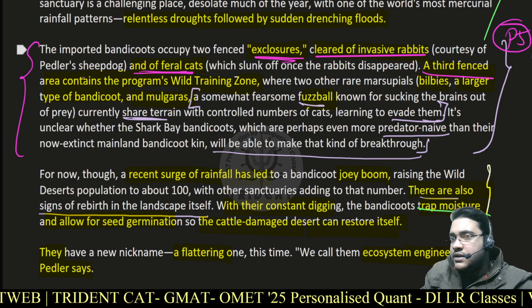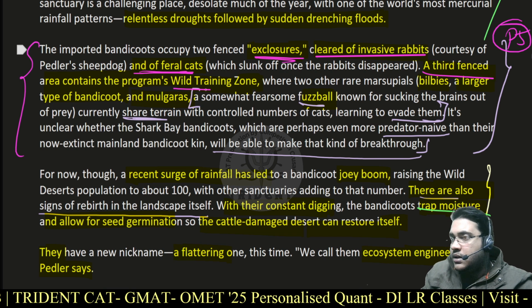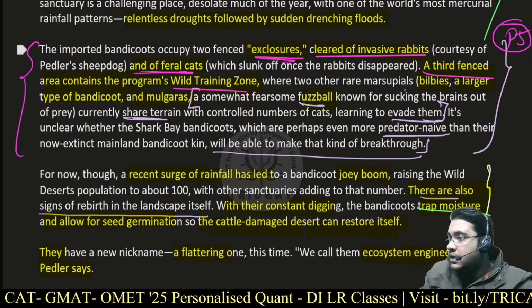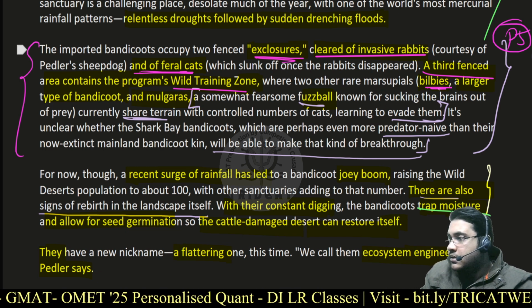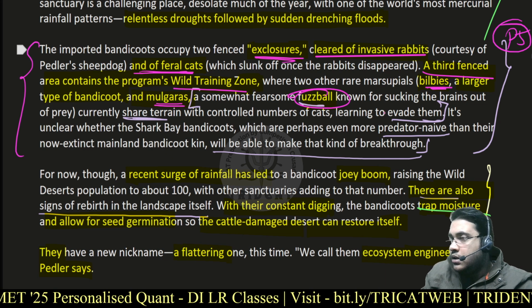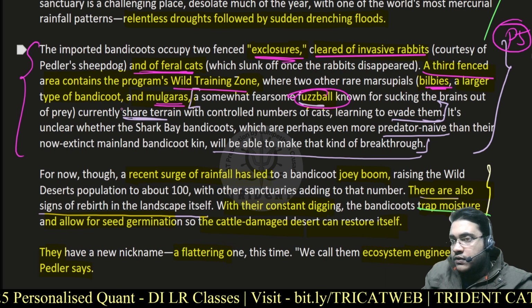A third fenced area contained the program's WTZ, where two other rare marsupials, billbies and mulgaras, a fearsome fuzzball known for sucking the brains out of this thing.